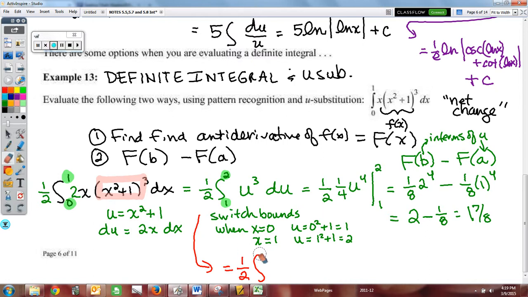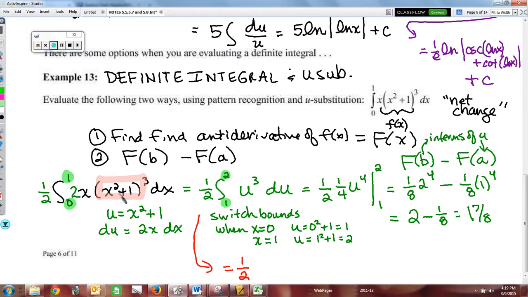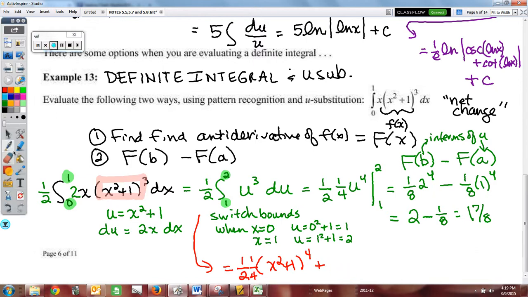Sometimes when you're doing these, if you can see that and you don't actually have to write this u step down, I could just integrate it and think, well, u cubed, the antiderivative would be u to the 4th, and then divided by the 4 plus c, but remember, don't do plus c because we're doing a definite integral.